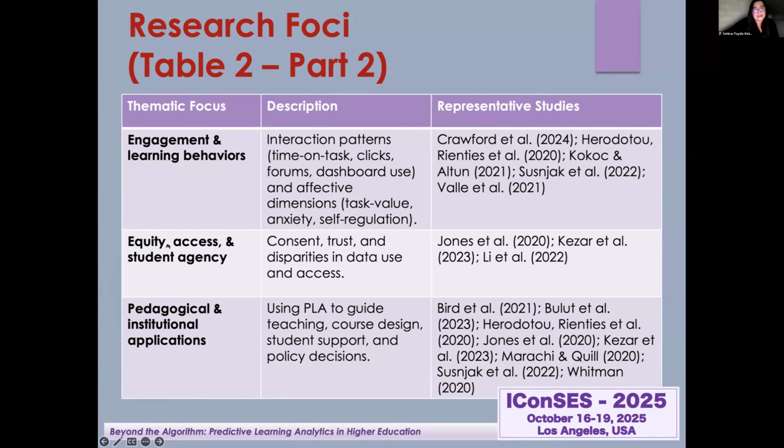Another theme as the research focus was access and student agency, investigated through consent, trust, and disparities in data use and access. There are only 3 studies indicating these issues, actually.